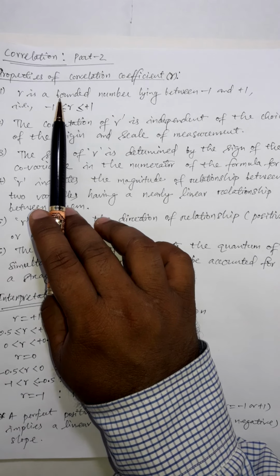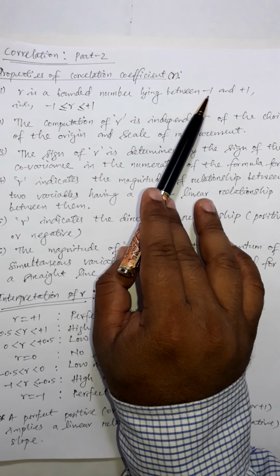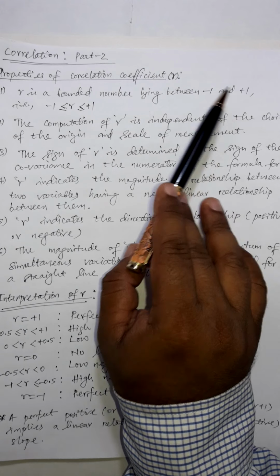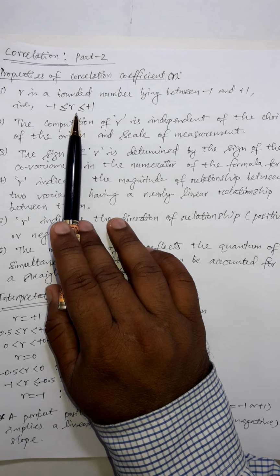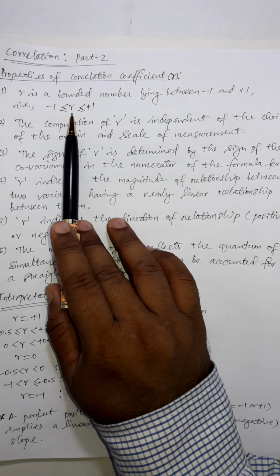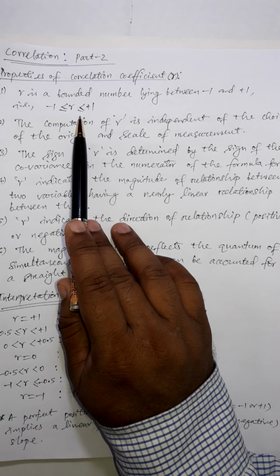The first property of the coefficient of correlation says that it is a bounded number which lies between -1 and +1. That means the correlation coefficient cannot go below -1 or above +1. It's a number in between -1 and +1.